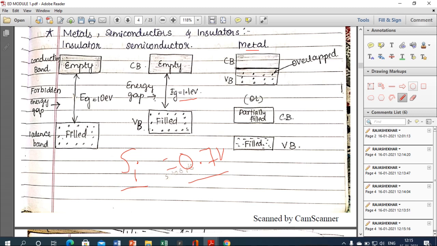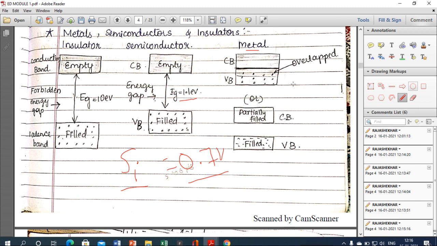Because of this, as soon as I apply an external force or voltage, it will cause the flow of current. In metals, we cannot control the flow of current or the flow of electrons. So they are used in home appliances, like in switchboards, so that they can sustain around 250 volts.